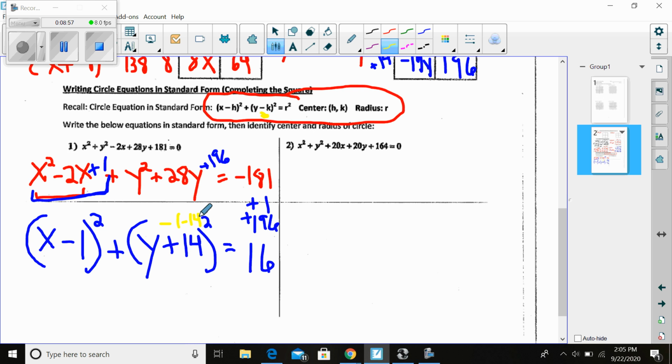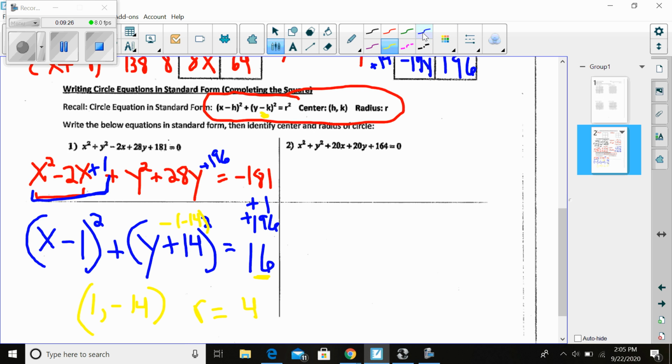So the center of my circle would be 1, negative 14, and then for the radius, I have to take the square root of what's over here. If I don't have a perfect square over here, then I just leave my radius as a radical. So say I came over here and I got 33, then my radius would be radical 33.